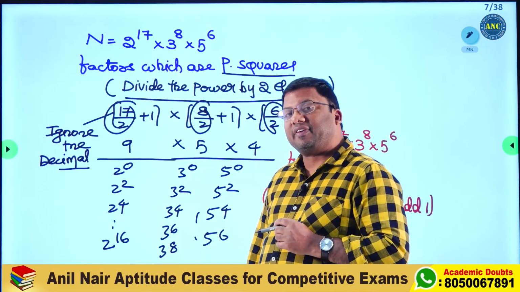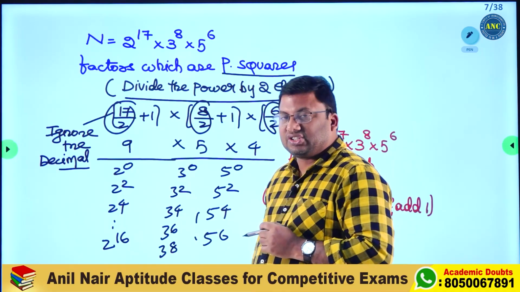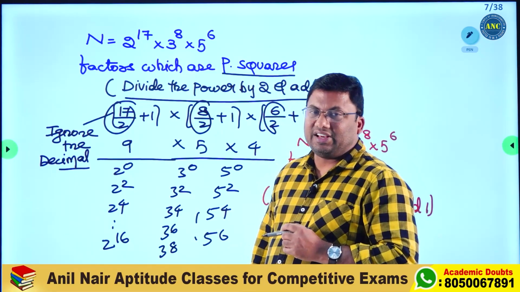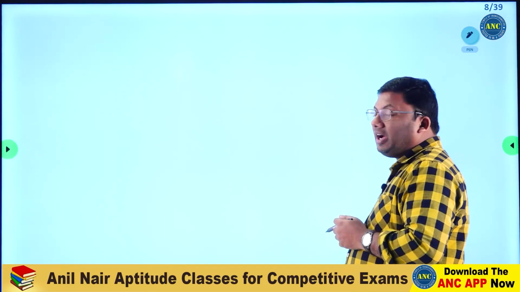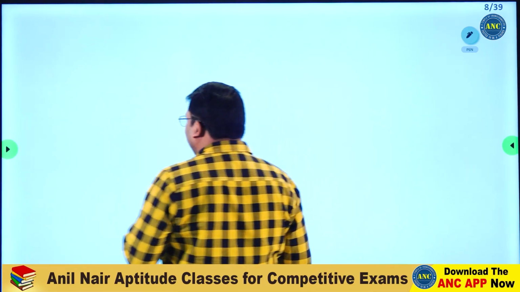How to find the factors which are perfect squares? I hope the idea is very much clear to you. Now, there is an important concept with respect to perfect squares.